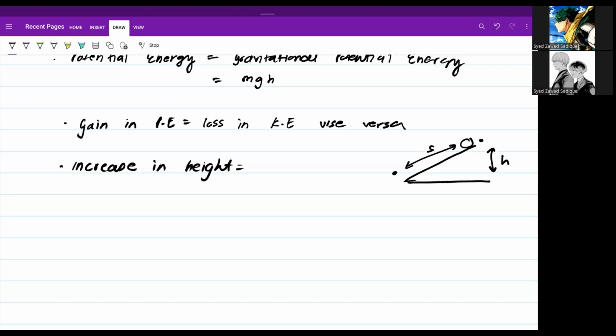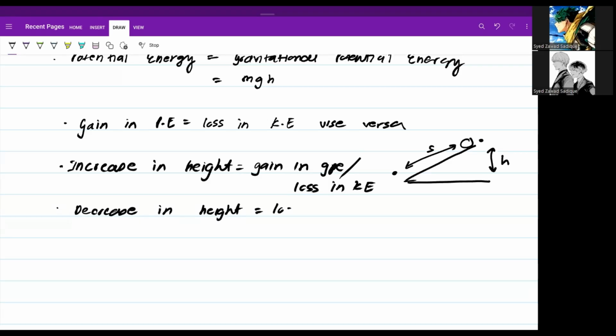This refers to gain in GPE or loss in KE. And similarly, decrease in height is equal to loss in GPE, gain in KE.